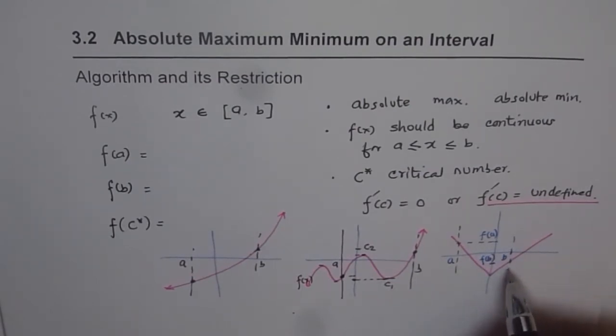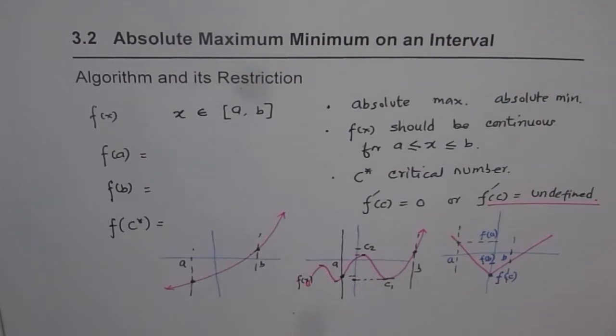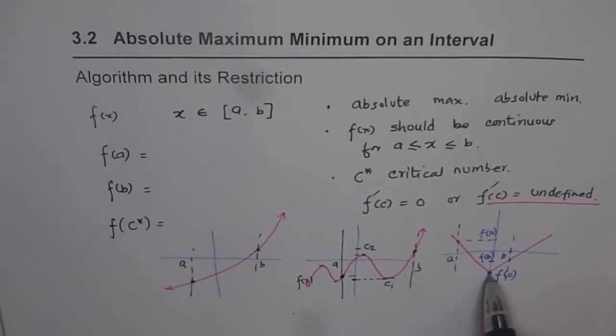Now, if you find the derivative of this function, then you know the derivative at this corner will be undefined. And this point f of C actually gives you the minimum value for the function. So the critical number for this particular function will be at the vertex or the turning point or the corner of this absolute function.